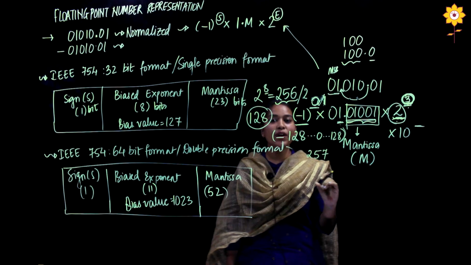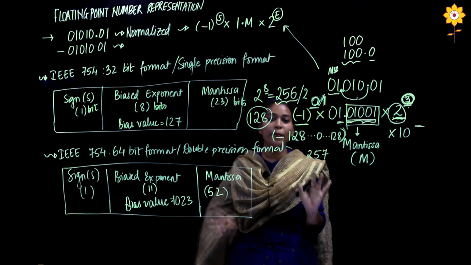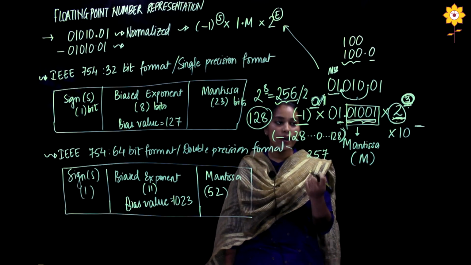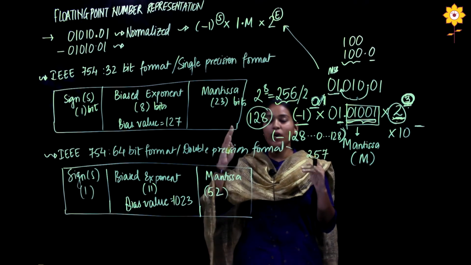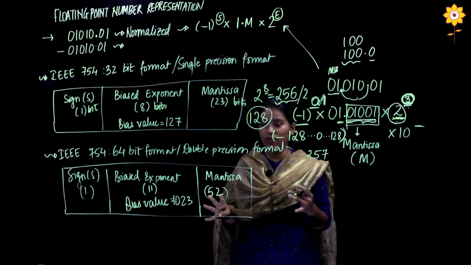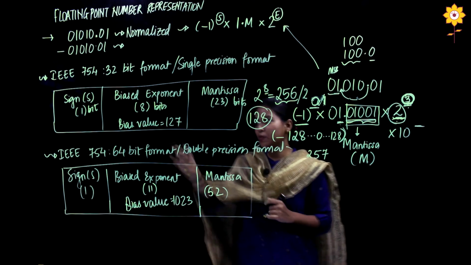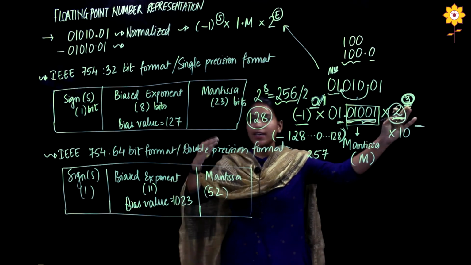So that is why, instead of keeping the bias value as 128, we have kept it as 127, right? So everything gets accommodated. We get the negative numbers also, we get all the positive numbers, only one bit gets wasted, so that's not a problem. But basically what we do, we add a bias value of 127 to whatever is the exponent.